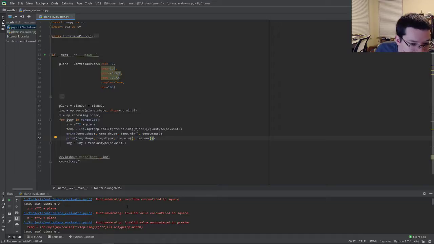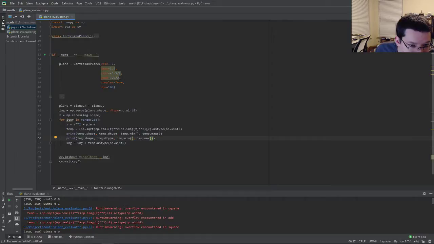Invalid value in square. Interesting. Seven, 8, 9. Okay.